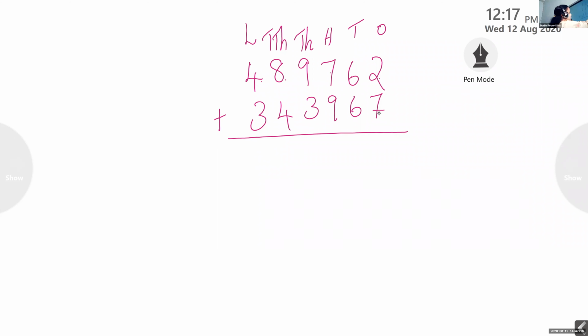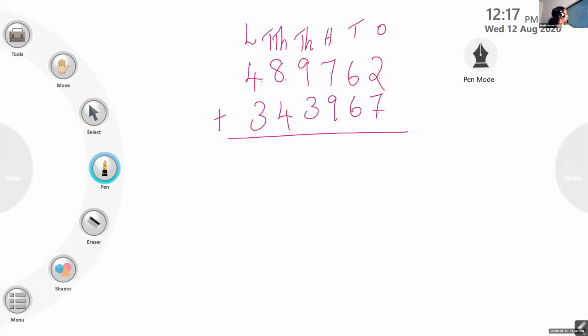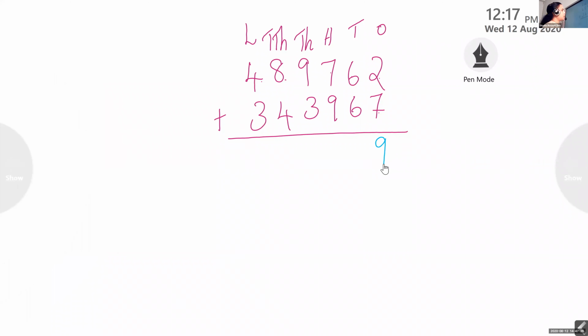Tell me 7 plus 2. The answer is 9. Okay, 6 plus 6, the doubles, 12. I think there is some connectivity issue for Adil. It's not clear. Alok, please unmute.